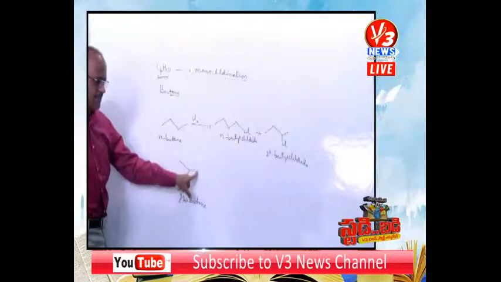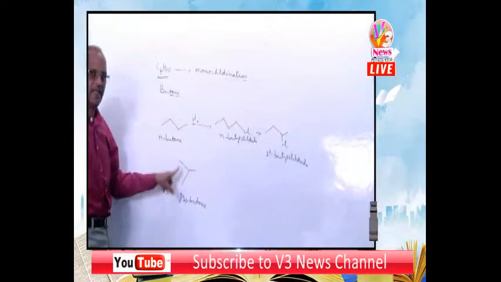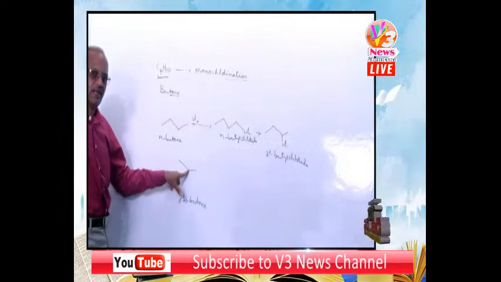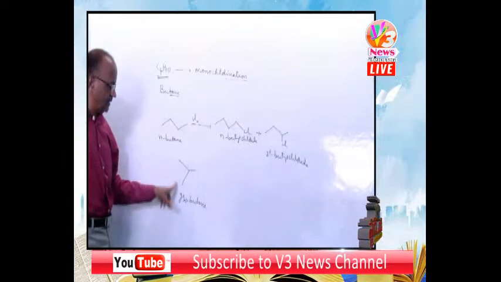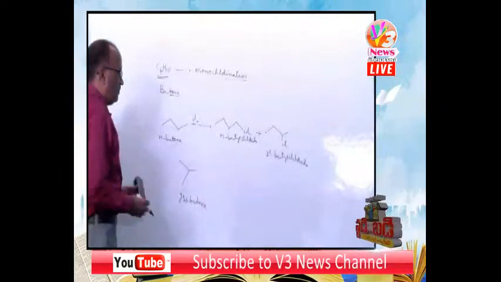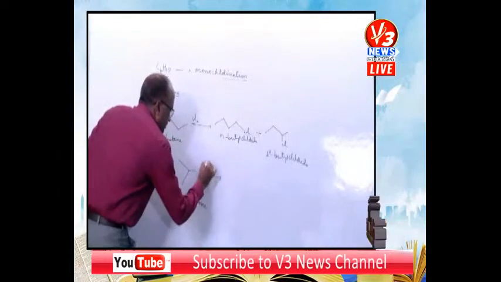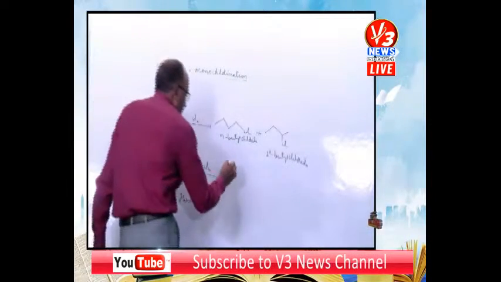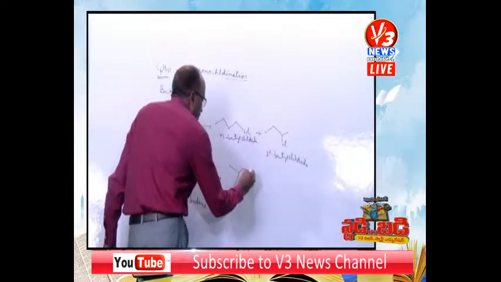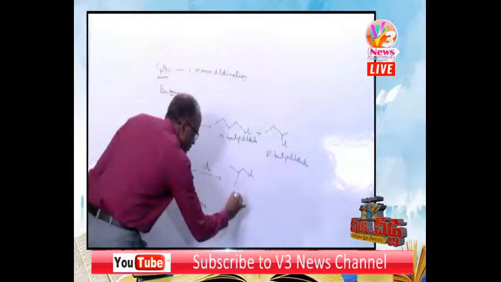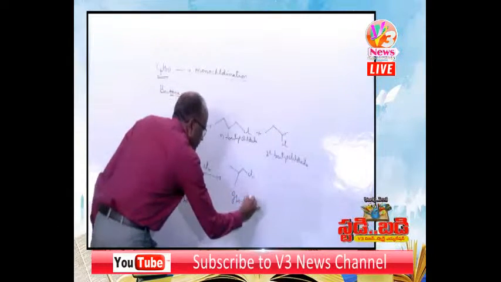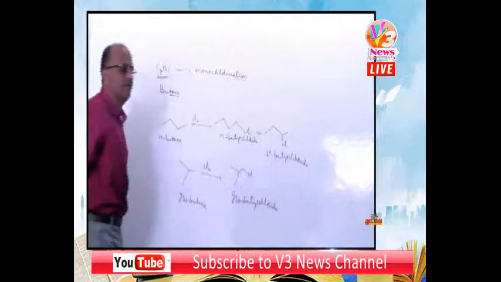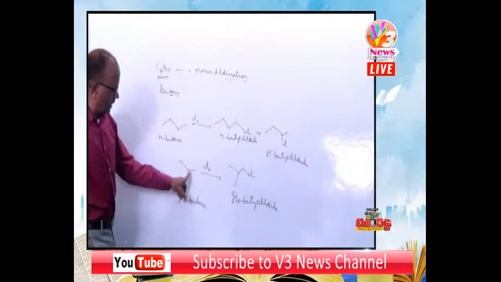Similarly, here CH3, CH3, CH3. 3 methyl groups attached to a tertiary carbon. These 3 CH3 groups are identical. If hydrogen from any of these CH3 groups is replaced by chlorine, then we will get same compound, that is isobutyl chloride. Here also one hydrogen is there.